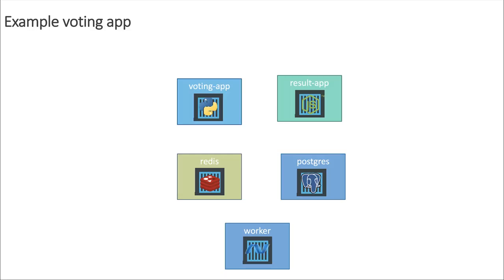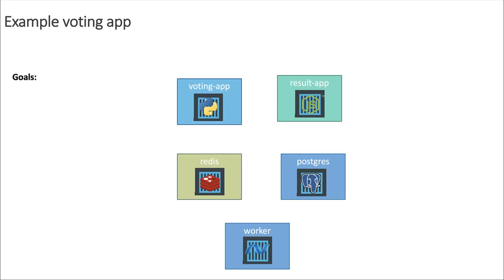So we just saw how the voting application works on Docker. Let's now see how to deploy it on Kubernetes. So it's important to have a clear idea of what we are trying to achieve and plan accordingly before we get started. So we already know how the application works, and it's a good idea to write down what we plan to do.